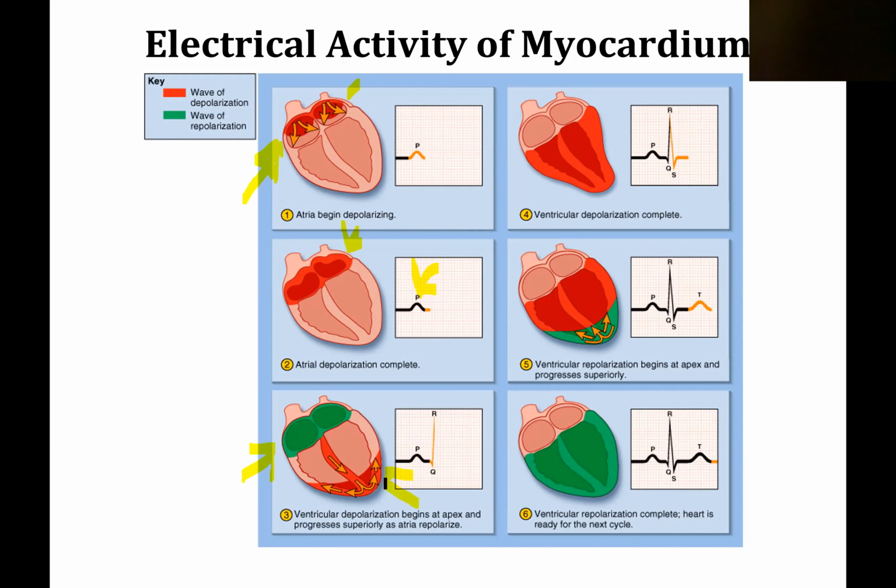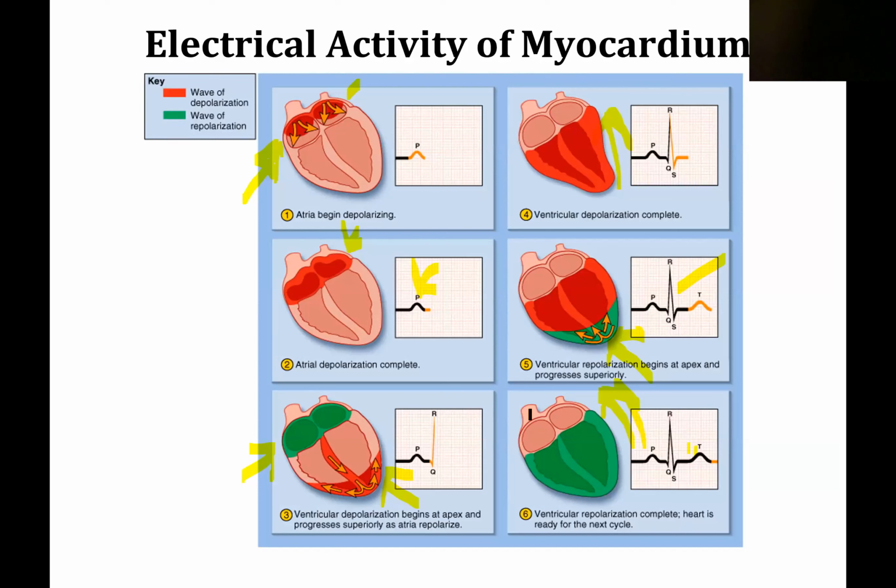Notice it's in the ventricles. The depolarization is going to start at the apex and move up for the QRS complex. And then the T wave, again, starting at the apex and going up for the T wave repolarization. So there we're matching the parts of the heart with the electrocardiogram.